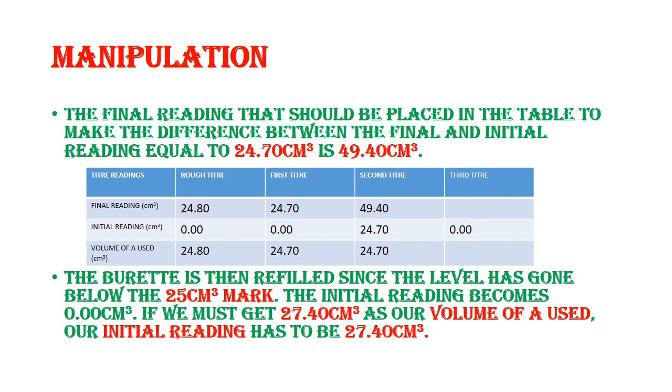If we must get 24.40 centimeter cube as our volume of A used, our final reading for the third Titer should now be 27.40 centimeter cube. Okay, all right, that will now give us our final table.